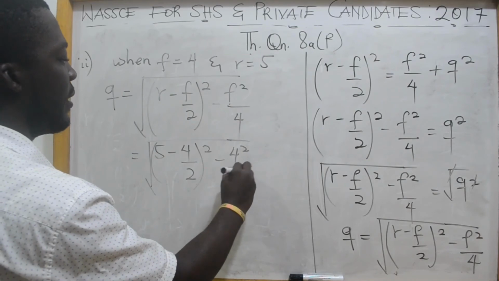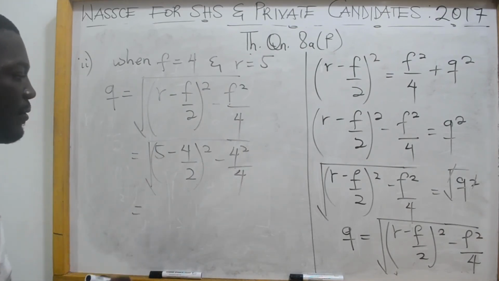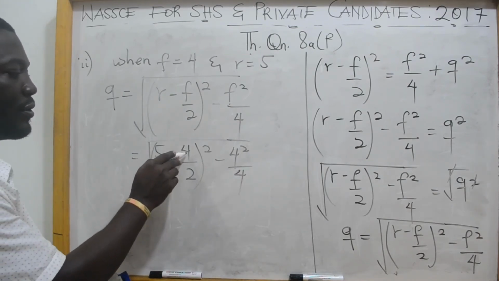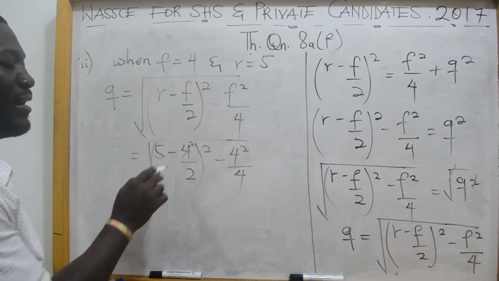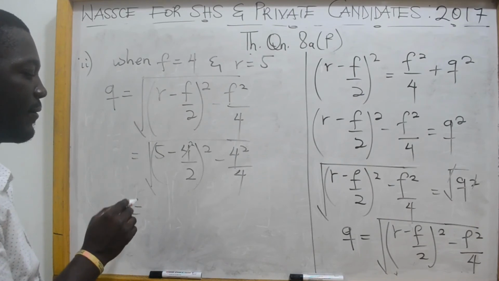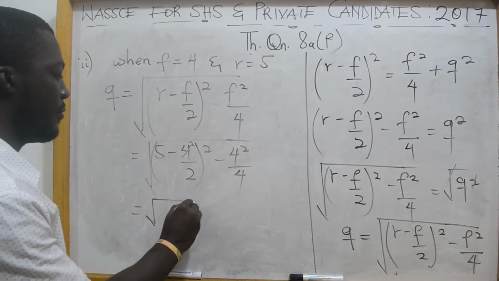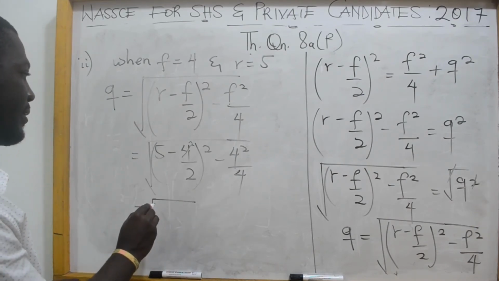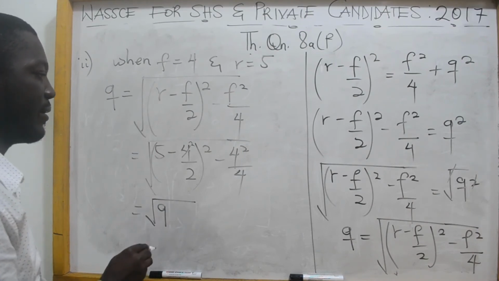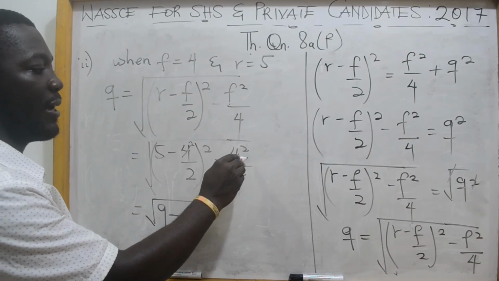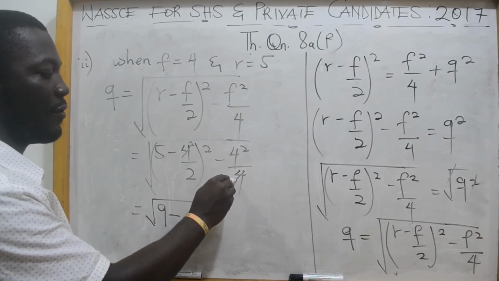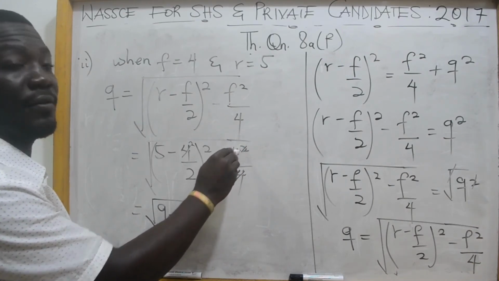square divided by 4. Then 2 goes into 4 is 2. 5 minus 2 is 3. So 3 square is 9. Then we come to this side. 4 square is 4 times 4. So one of the 4's will cancel one of them.